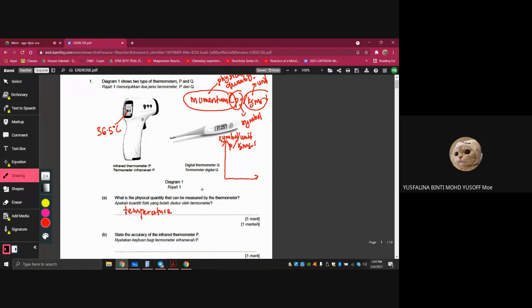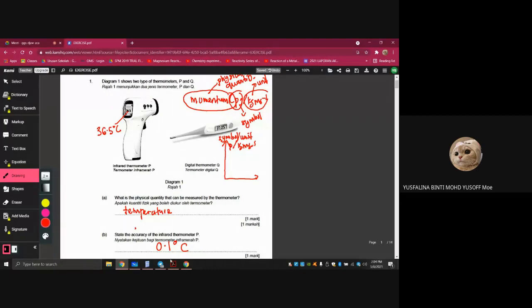So what is the smallest scale here? 0.1. Yes. When you state 0.1, you must state the unit also. So 0.1 degree Celsius.